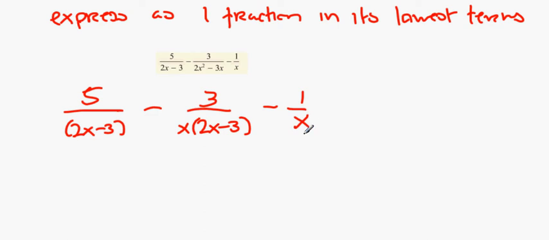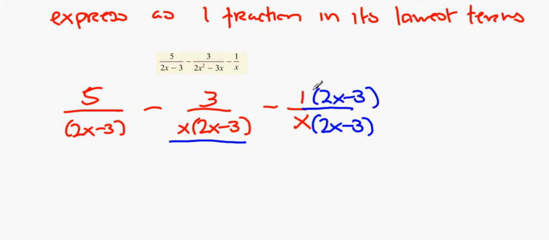Now the highest common factor, okay, is this one here, because what we can do is if we multiply the top and bottom by the same number as I'm doing here, we're not affecting the value of this fraction. And I can do the same thing over here by multiplying by x top and bottom, and now all of a sudden all the fractions have the same denominator.